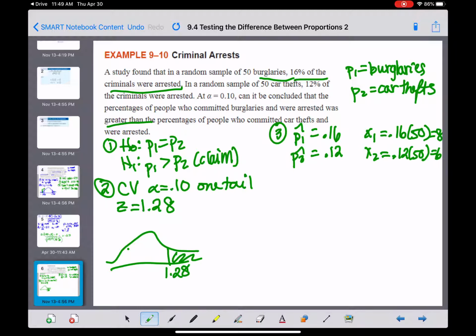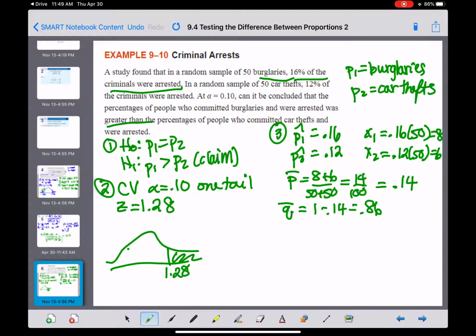So P bar is 8 plus 6 over 50 plus 50, which gives me 14 out of 100, or 0.14. That's just the average of 0.16 and 0.12. Then Q bar is 1 minus 0.14, which gives us 0.86.